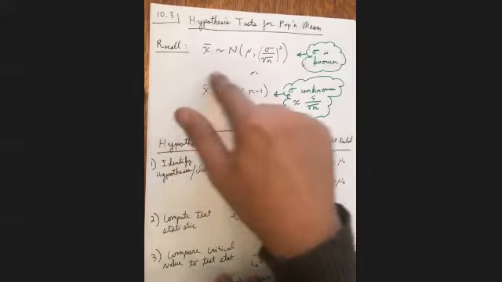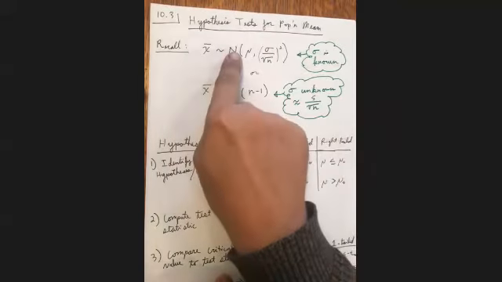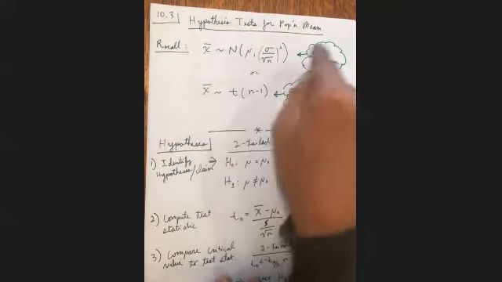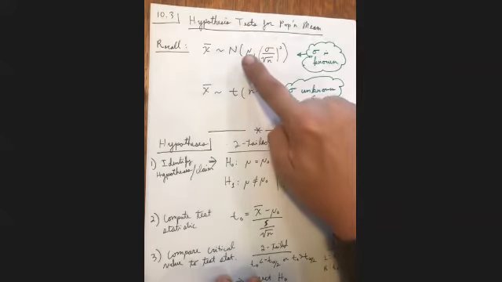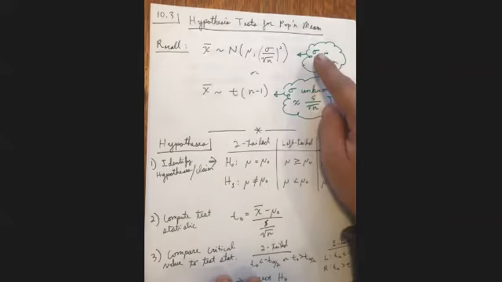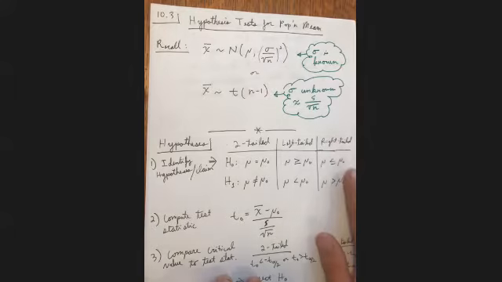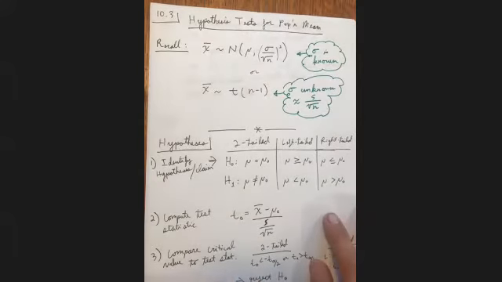But in order for us to make this assertion that X bar is normally distributed with these parameters, we needed to know what the population standard deviation was. Now, generally speaking, if we don't know what mu is, then we probably don't know what sigma is, right?